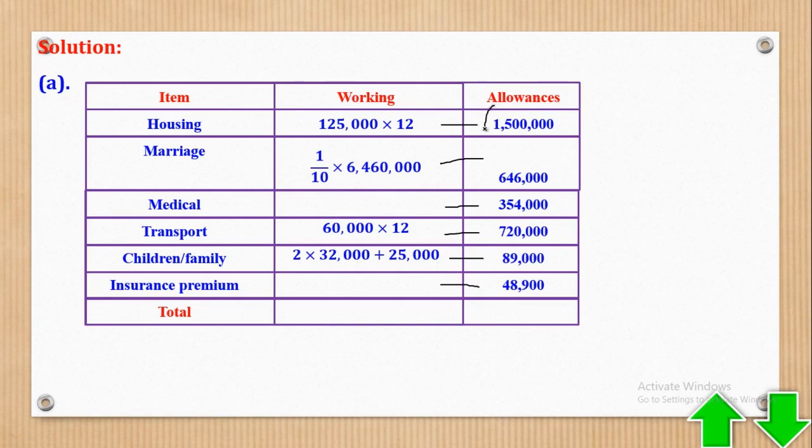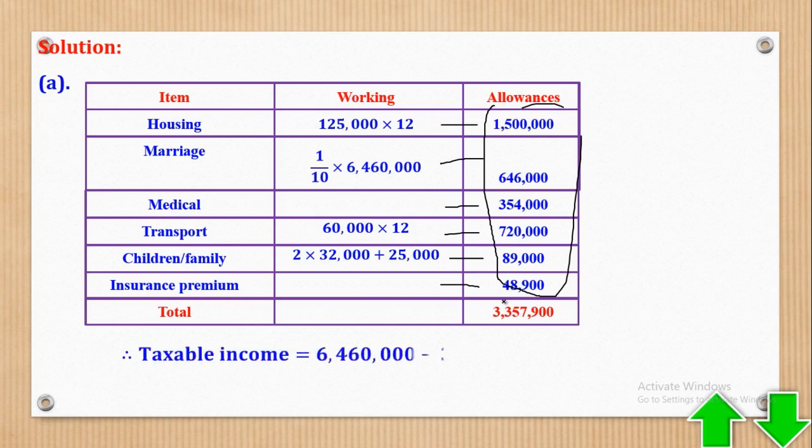So when I add all these, the total allowances come to shillings 3,357,900.